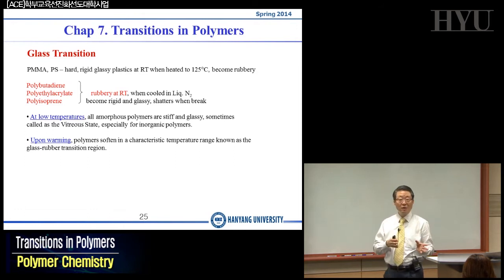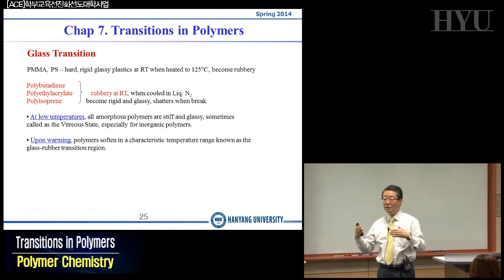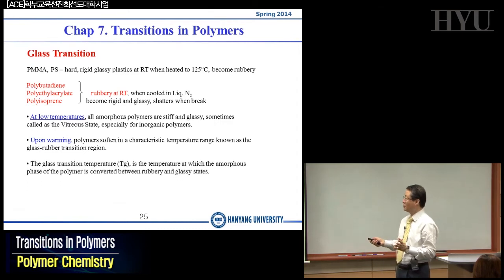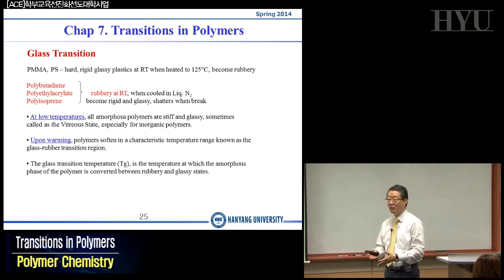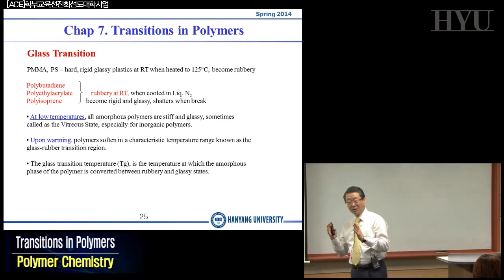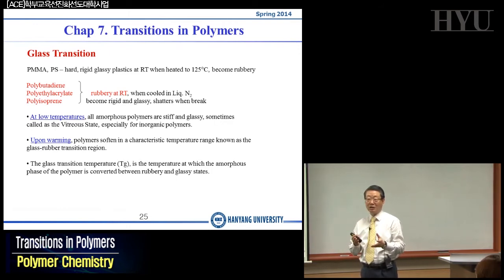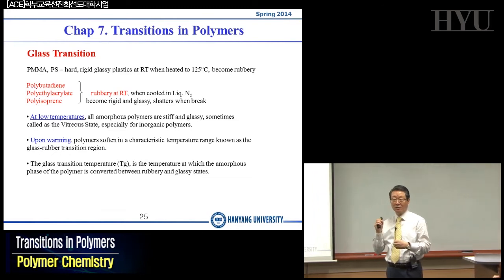So rubbery versus glassy depends upon the temperature that you are talking about. Okay? So Tg is a temperature at which the amorphous polymer portion is melting. Now I told you that melting of the amorphous portion is regarded as Tg, and it's not the exact definition of the glass transition temperature.